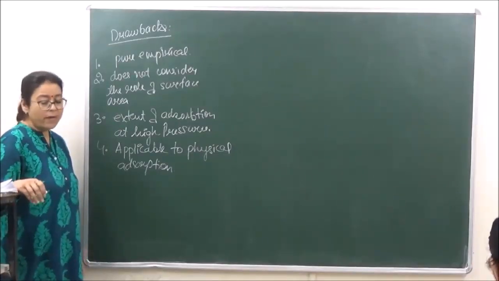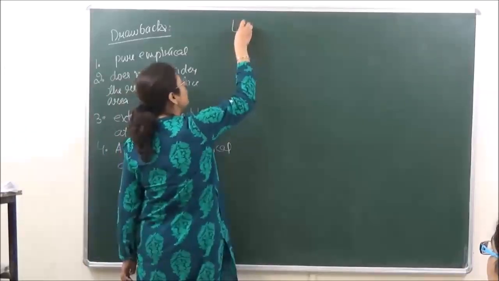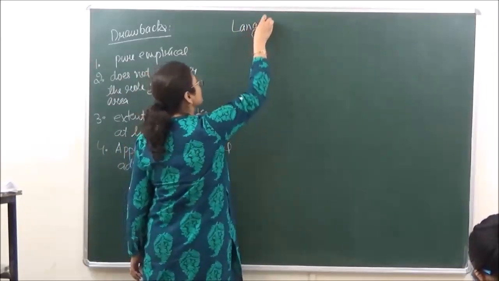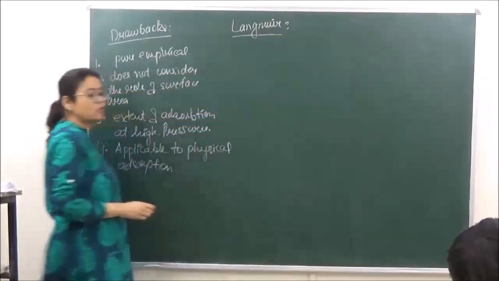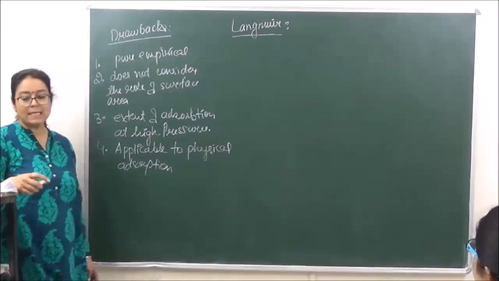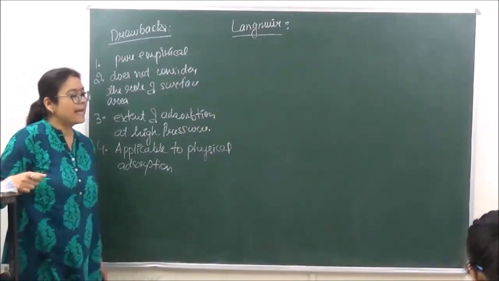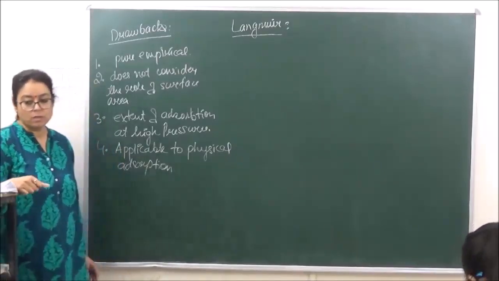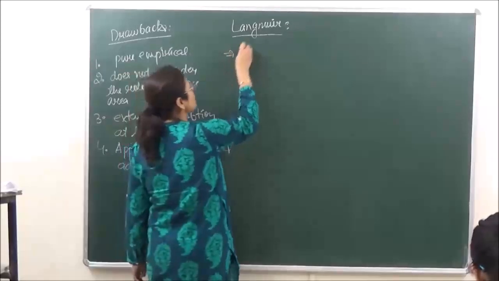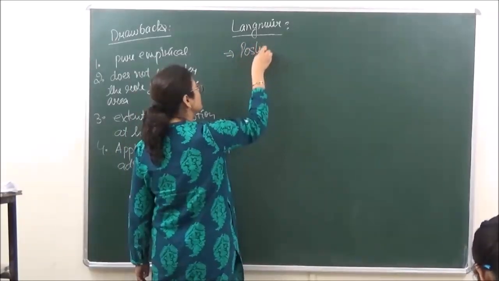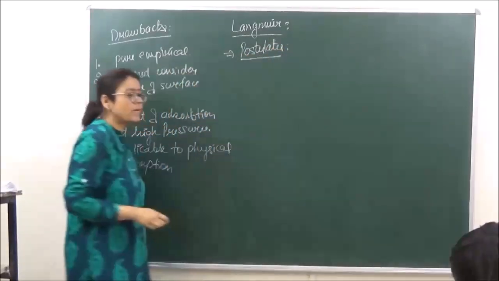Got it? Now to explain all these flaws, there was another scientist who gave us another adsorption isotherm, which is known as Langmuir. After the name of the scientist, they are known as Langmuir adsorption isotherms. Right? So you can just write down the postulates of this. What did he propose for his adsorption isotherm?